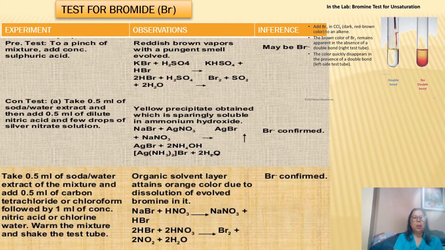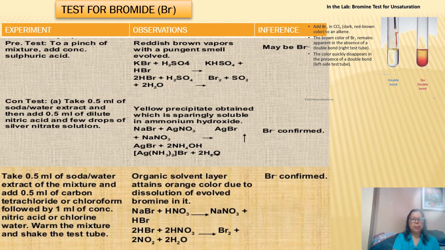However, if you add silver nitrate to a bromine, it will lead to the formation of a yellow precipitate or a dark yellow precipitate.